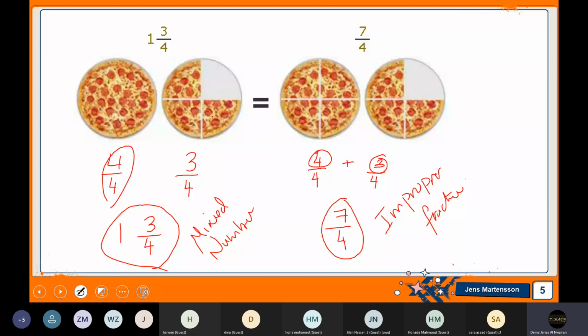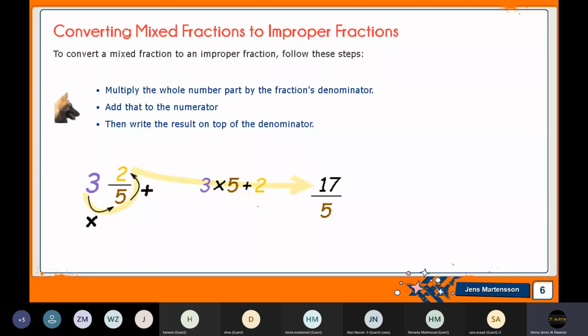But if I want to ask you now to convert the mixed number to a fraction, do you have to draw pizzas every time and tell me how it's equal? No, there's another way. The first step, you will multiply the whole number with the denominator, like 3 times 5 is 15, and then the answer here, you add it to the numerator.